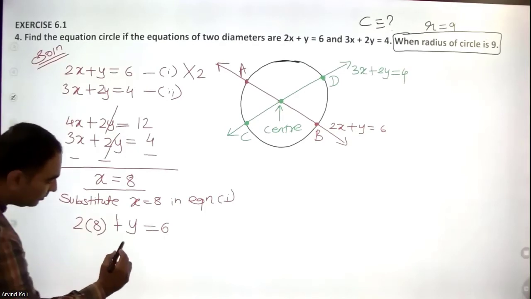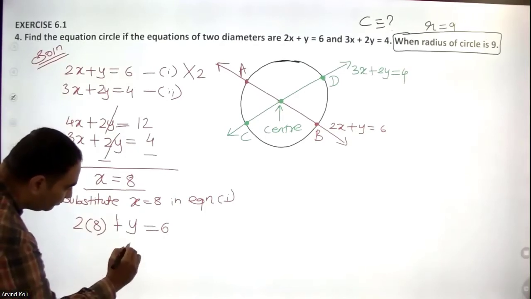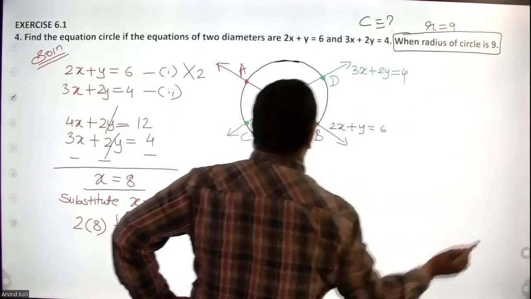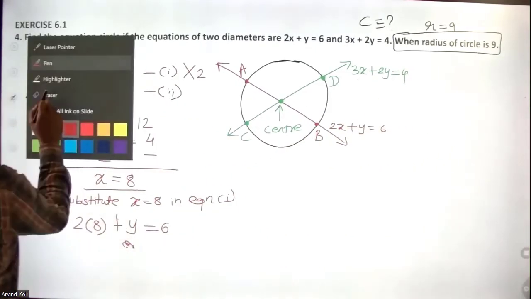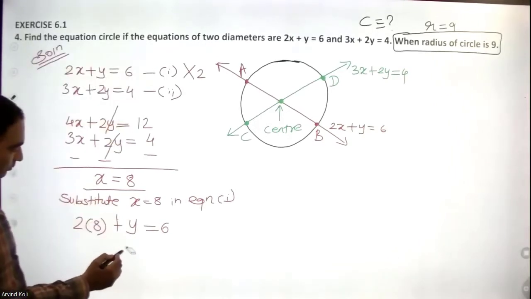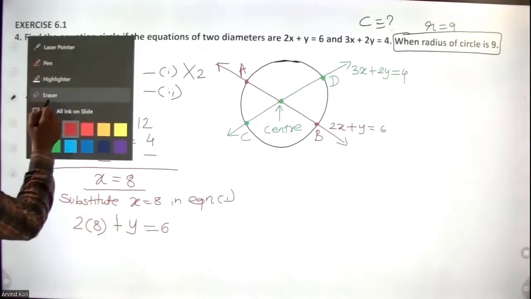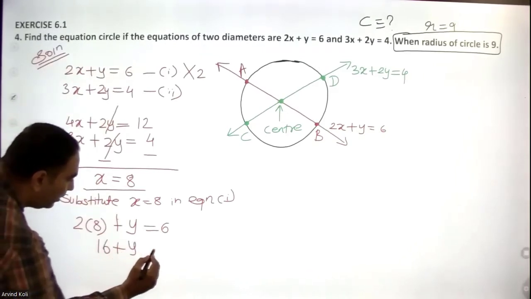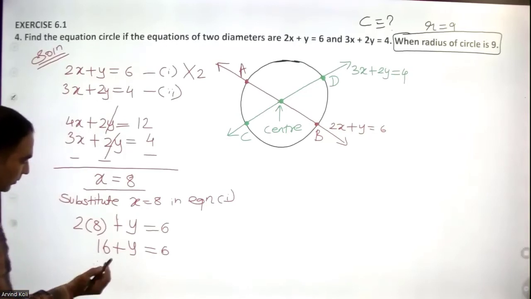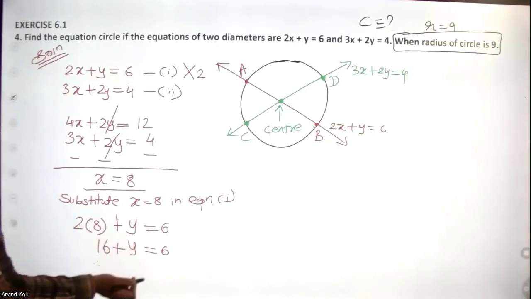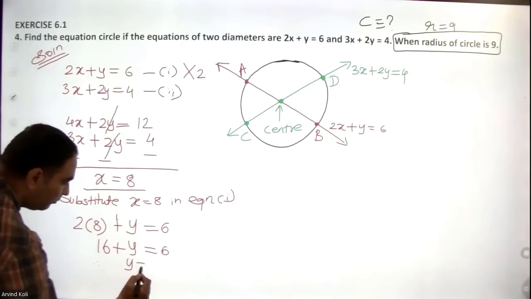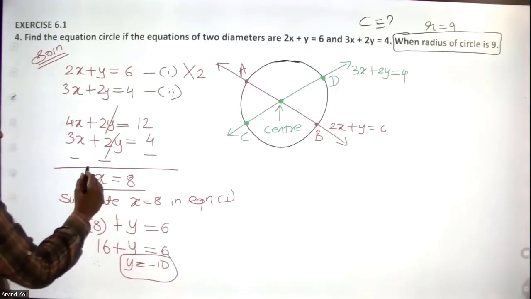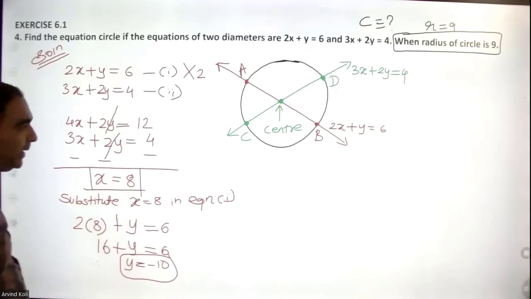So let us solve this. 2 8s are 16. This is 16 plus y is equal to 6. Therefore, y is equal to 6 minus 16. X is 8, y is minus 10.